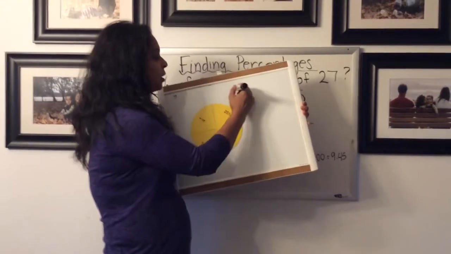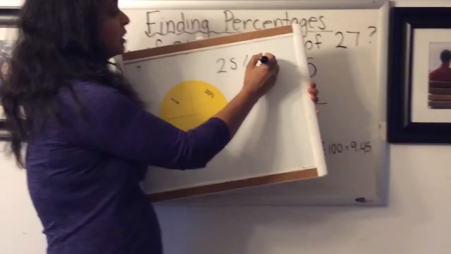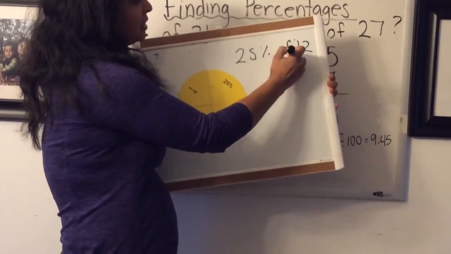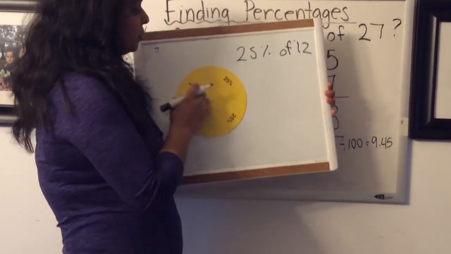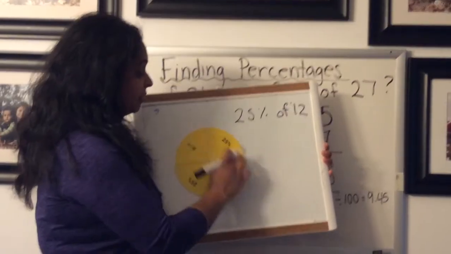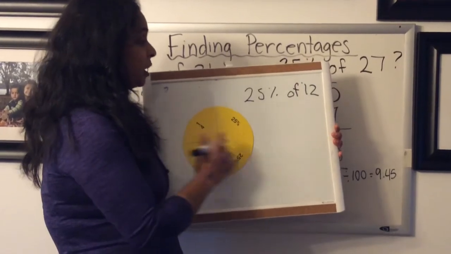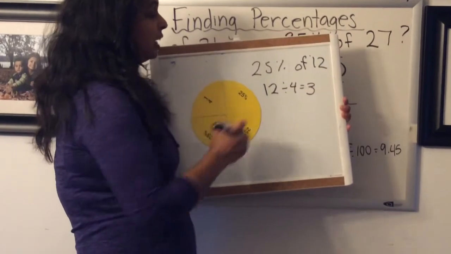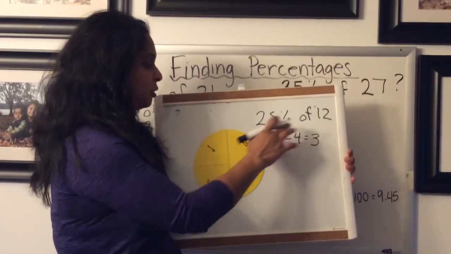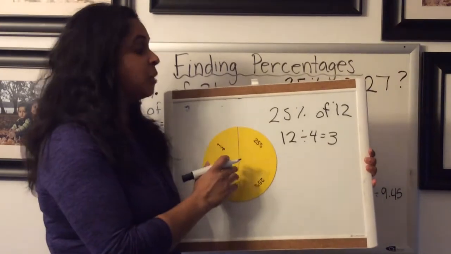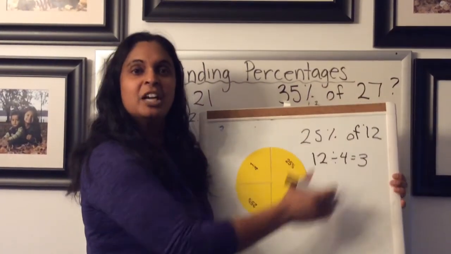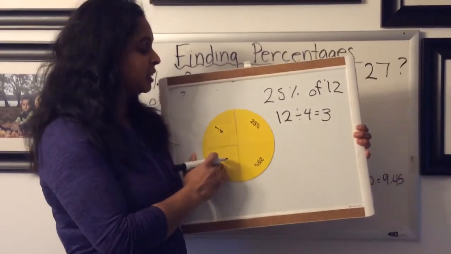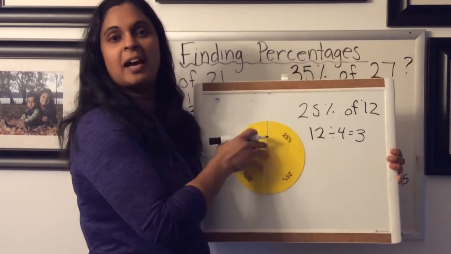So for example, if you want to find 25% of 12, sorry, that's a bit messy, 25% of 12, you would imagine that 12 being divided up into 4. So you can get that answer through division. And 25% of 12 is 3. Anytime you're doing 25% of a number, you can be imagining dividing that by 4. You'll see that as well in your book today, 25% of a number and then just dividing it by 4 to get your answer.